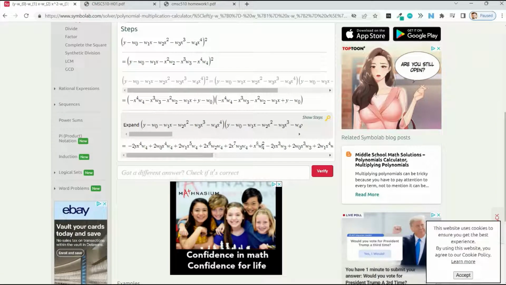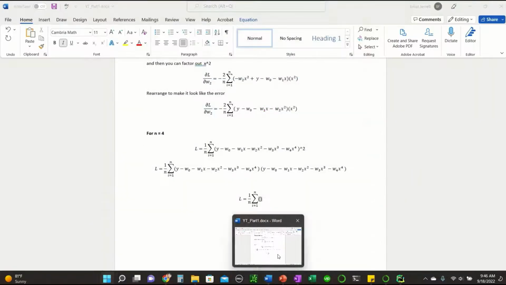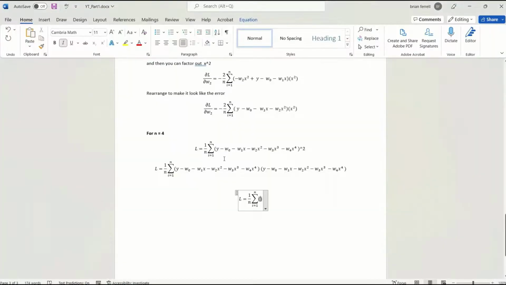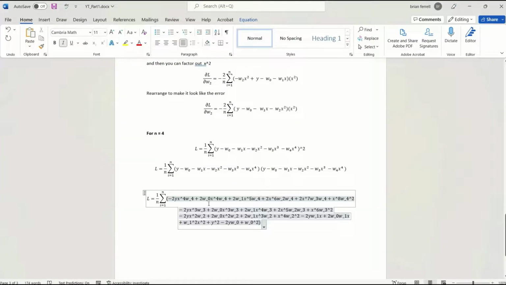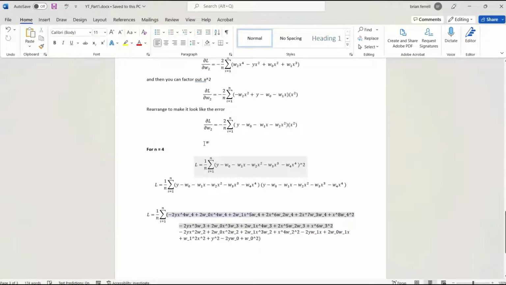So if we take this bad boy, and let's see if I got everything. Okay, drop that down, paste that in there. Super ugly, but this is something that we can work with. It's already simplified because of the Symbolab calculation.